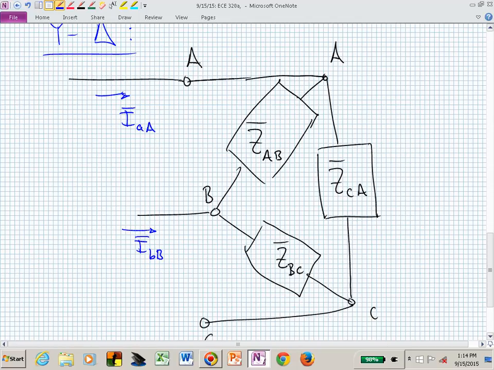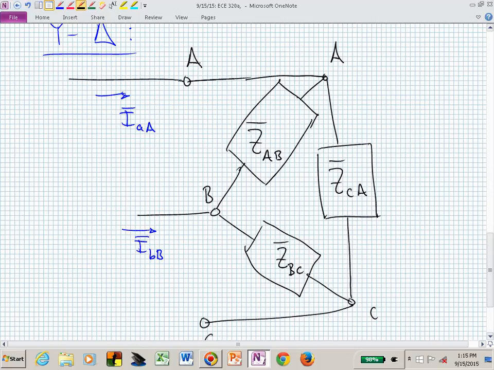What's my phase voltage in this configuration in the A phase? What's the phase voltage in the A phase at the load? That's V sub AB, isn't it?